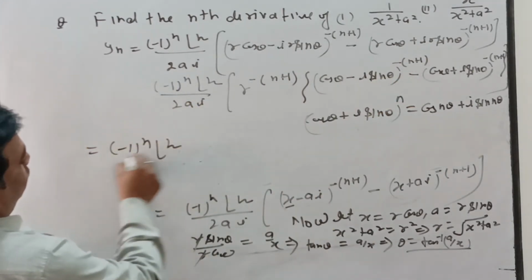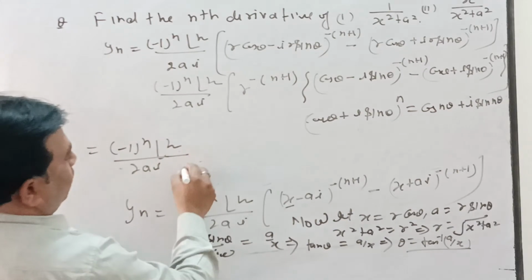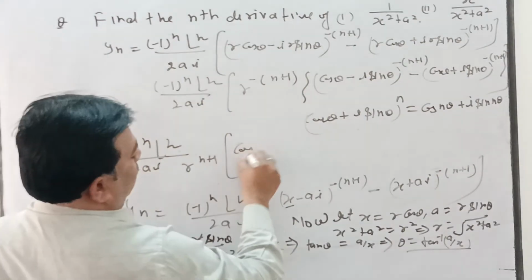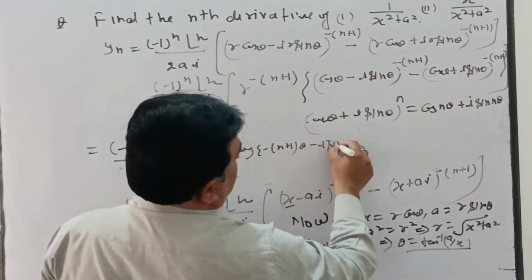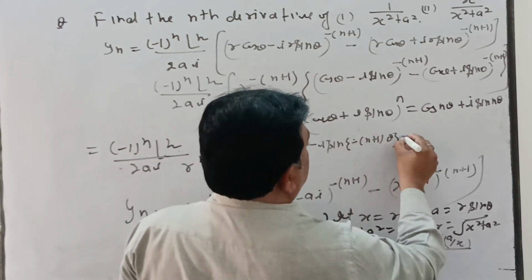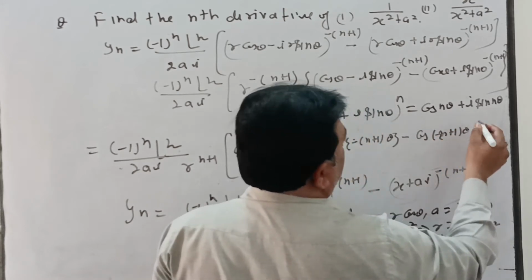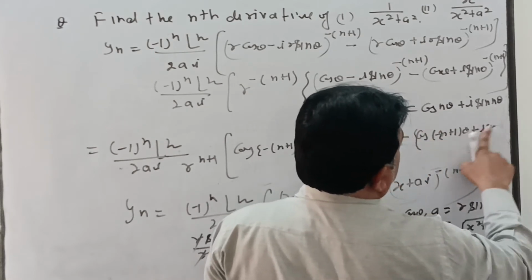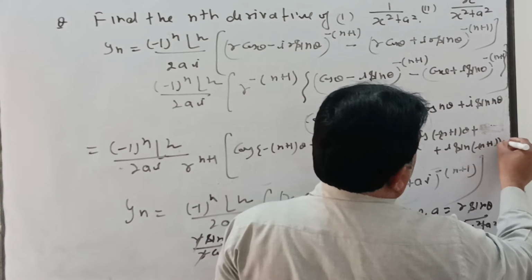Minus 1 to the power n factorial n over 2ai, r to the power minus n plus 1, taking it to the denominator, r to the power n plus 1. The power multiplies: cos of minus n plus 1 into theta, minus i sin of minus n plus 1 into theta, minus cos of minus n plus 1 into theta, plus i sin of minus n plus 1 into theta.